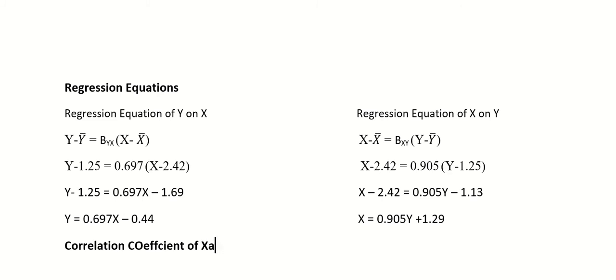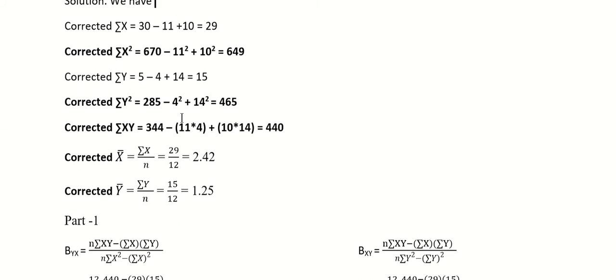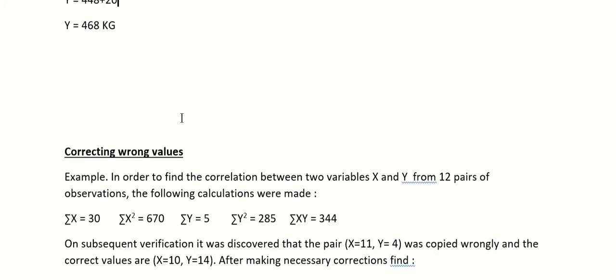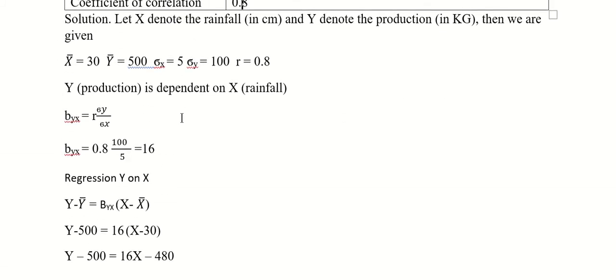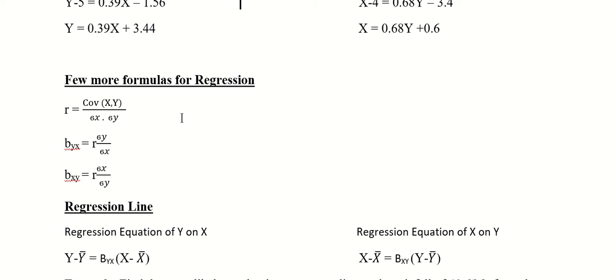So the formula to calculate correlation coefficient, I think one formula we have discussed in last class, which was covariance of xy upon standard deviation of x into standard deviation of y.